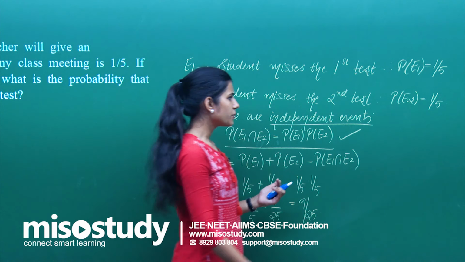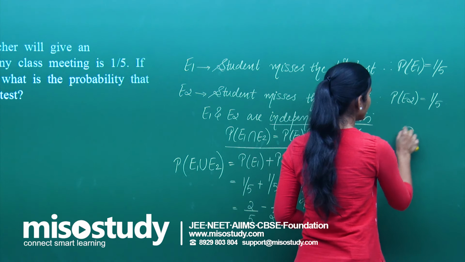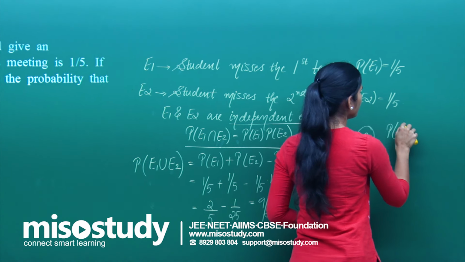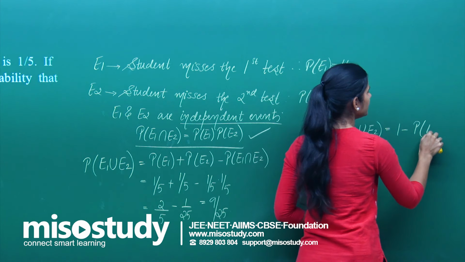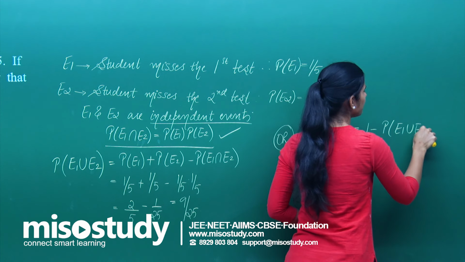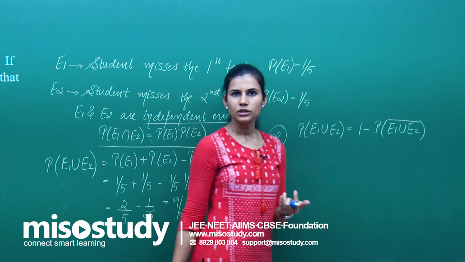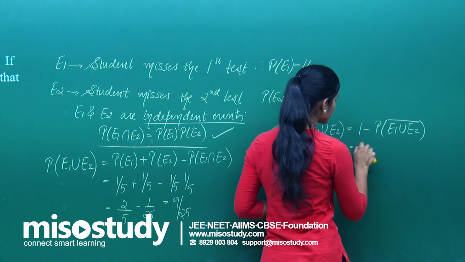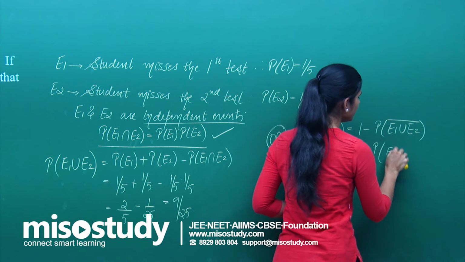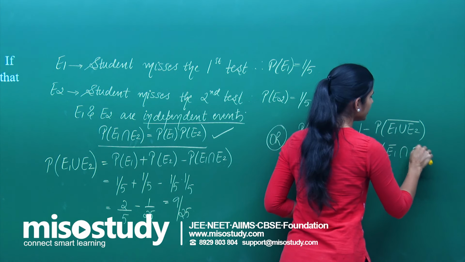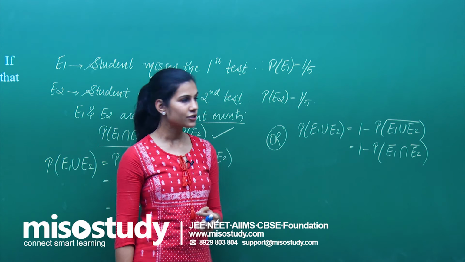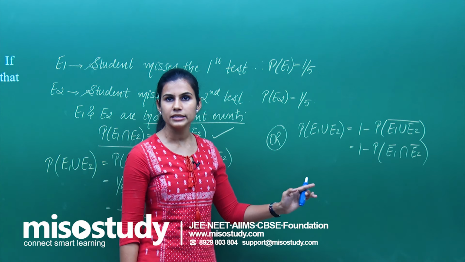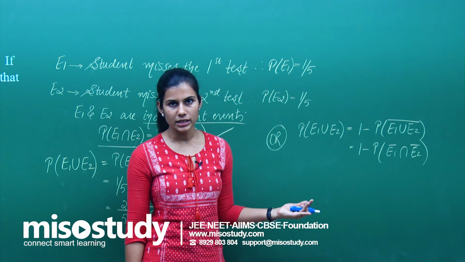If you don't like it this way, you can also compute this in other fashion. Probability of E1 union E2 is 1 minus probability of not happening of E1 union E2. Right? What is this? By De Morgan's law, this is probability of E1 bar intersection E2 bar. Now you know we have done this result in our theory lecture that if E1 and E2 are two independent events, then their bars are also independent events.